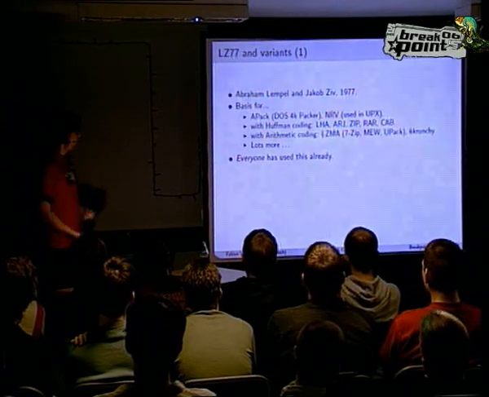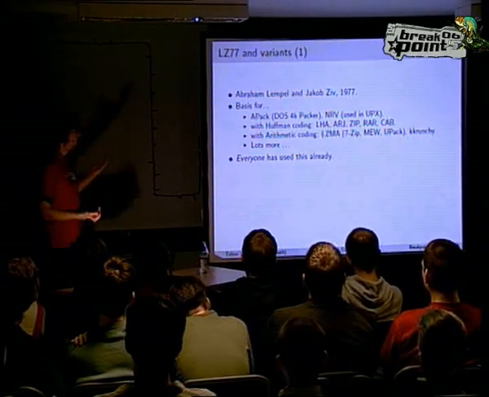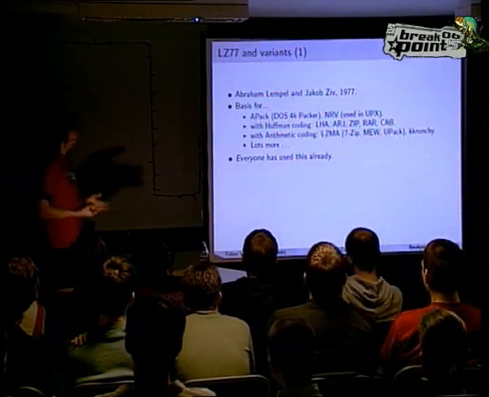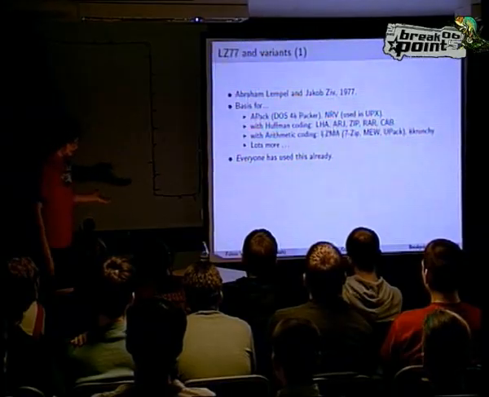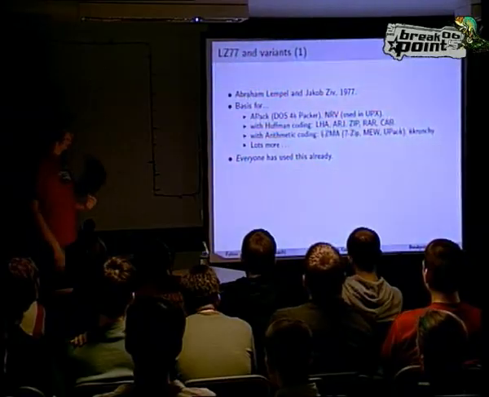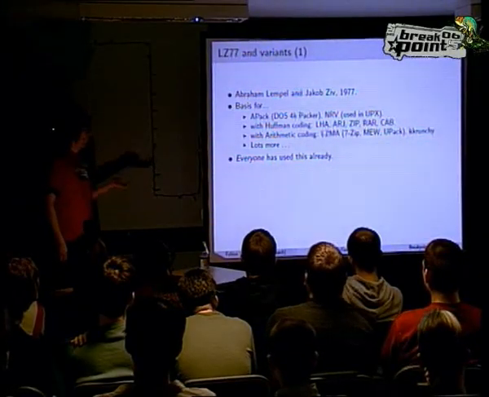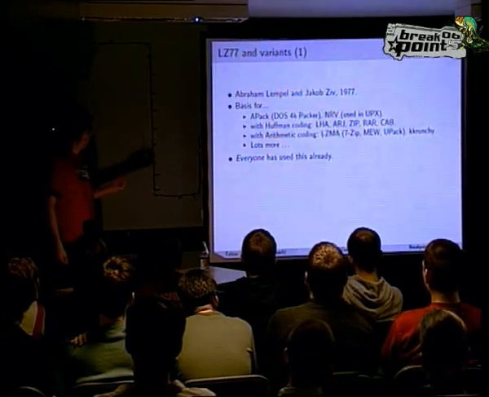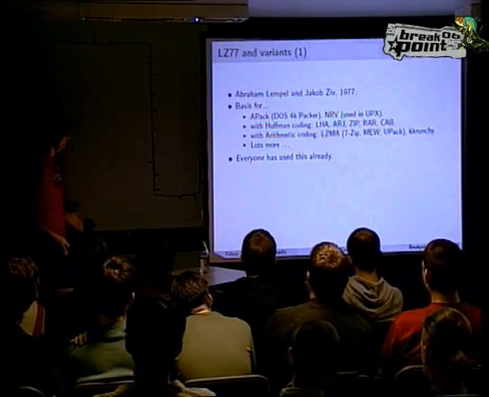There are things like APACK, which is a DOS 4K packer, or also bigger files for the packer used in UPX, or combined with Huffman coding, you get basically all popular packers like LHA, which is again pretty much outdated, ARJ, but also zip, RAR, CAB, and so on.